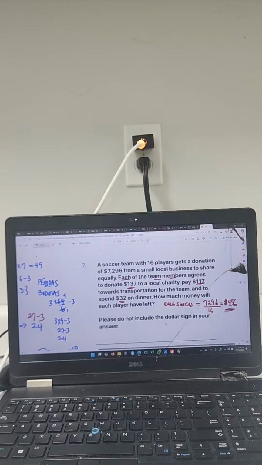So what is their expenditure? The expenditure is going to be $137 for donation, $117 for transportation, and $32 for dinner. So the expenditure is going to be $286.